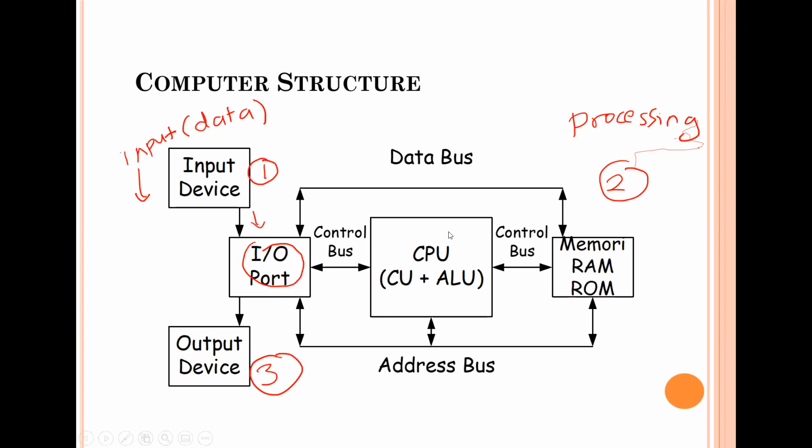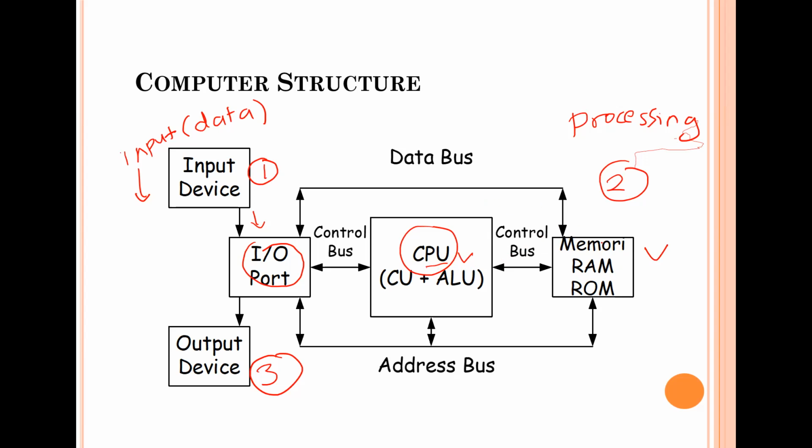The processing itself contains the process of how to transfer or modify the data or the input, through the control bus and data bus, through the CPU itself, using several tools inside, or devices that help the processing, such as the CPU and the memory, to process the data.